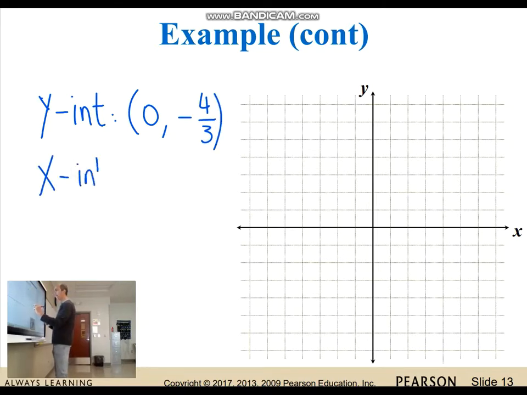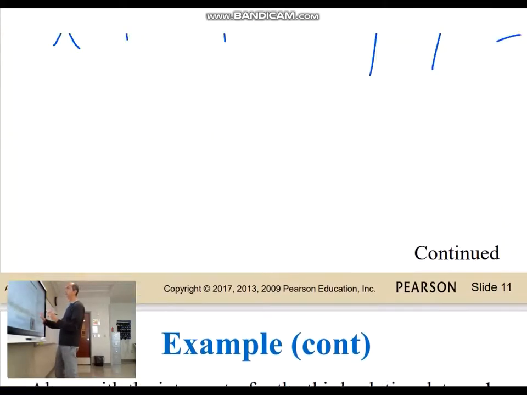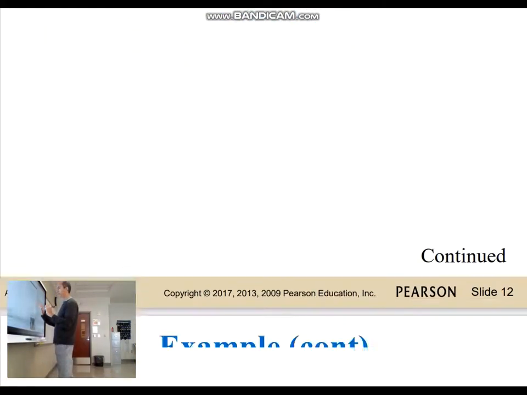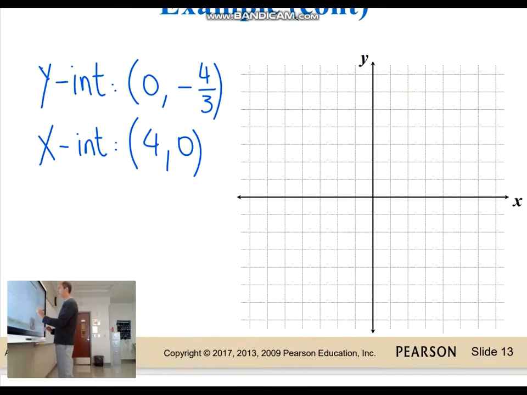The x-intercept is going to be y equals 0, x equals 4, right? And if we make x equals 1, we found y equals negative 1. Another point, x equals 1, y equals negative 1.